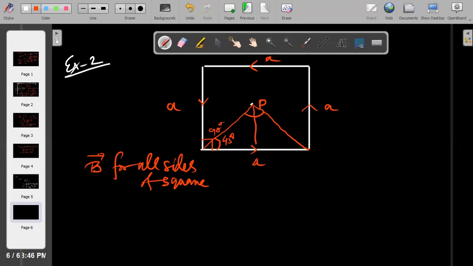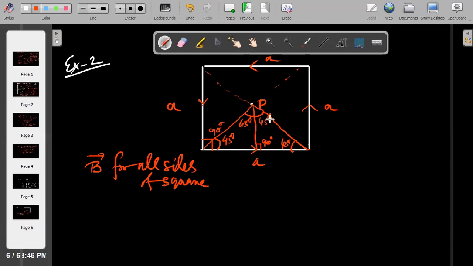So, if you draw a straight line, this angle will be 90 degree. This will be 45 degree. And this will be 45 degree, right? 45 plus 45, 90 degree. This is 90, so 180 degree, right? So again, this will be 45 degree, like that. Now, like that, you can join for this one, and all these things will come.